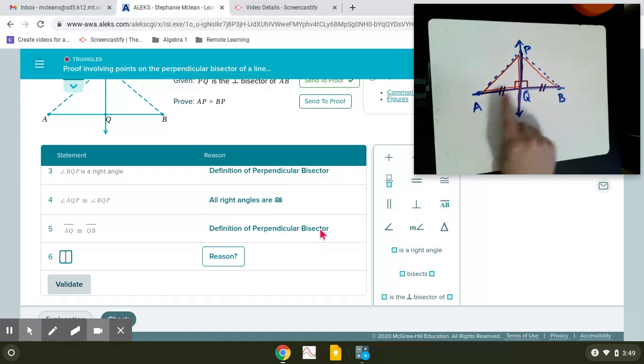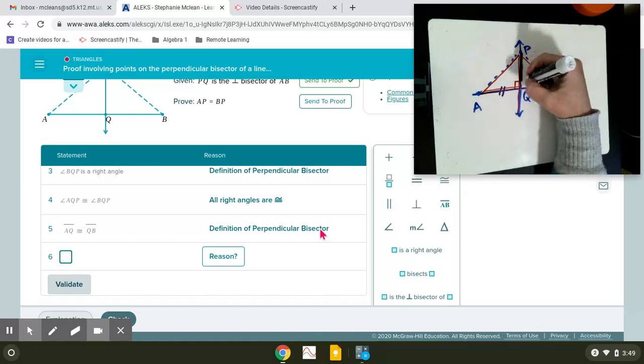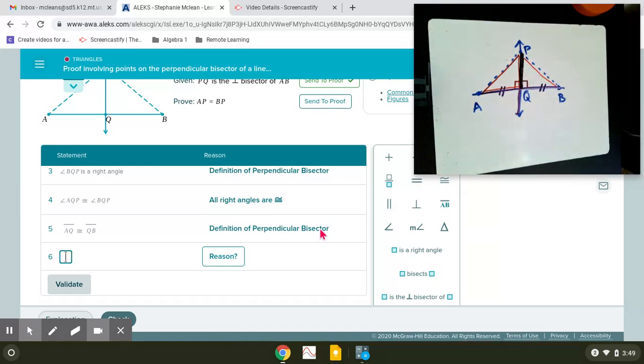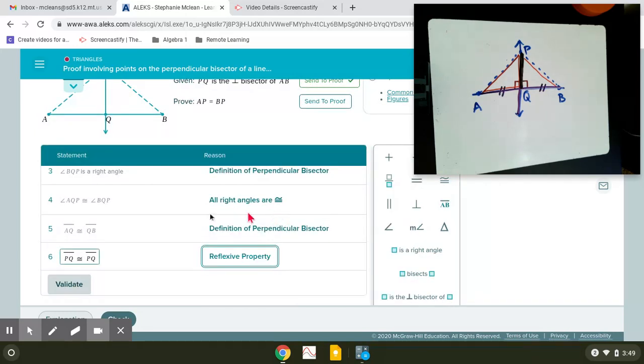We have this side and we have an angle. Now we're looking to see if these two triangles share a side. Okay, if I look at them closely, I can see that they share this side in the middle. Okay, so the segment PQ is congruent to the segment PQ, and that is the reflexive property.